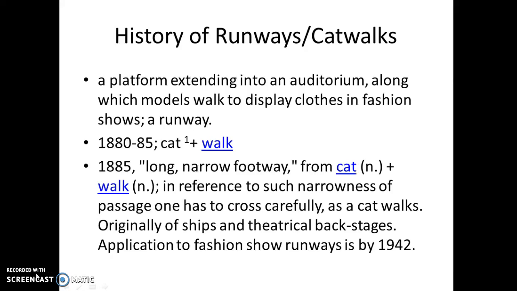The history of runways or catwalks actually started back in the late 1800s. They come from a long, narrow footway for passage for someone to cross carefully.